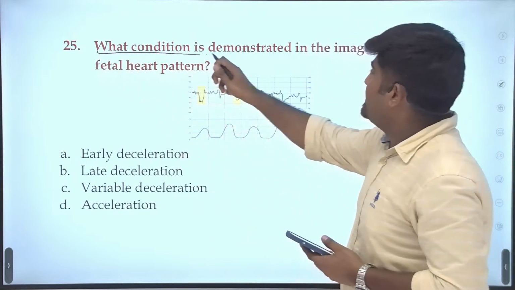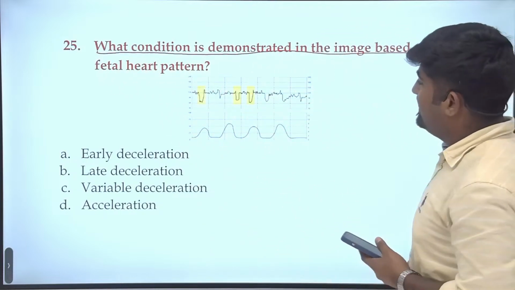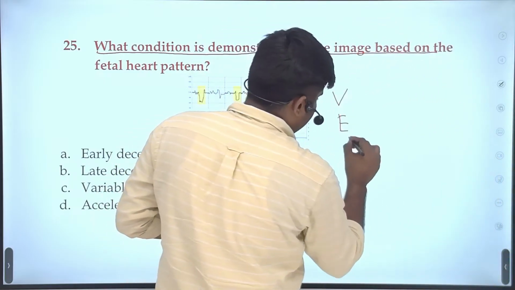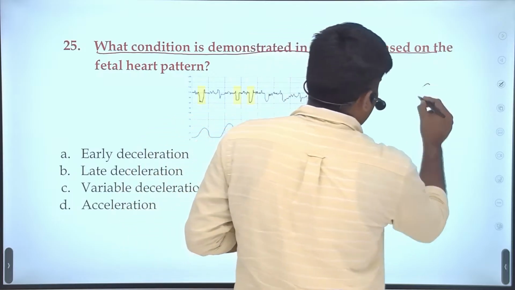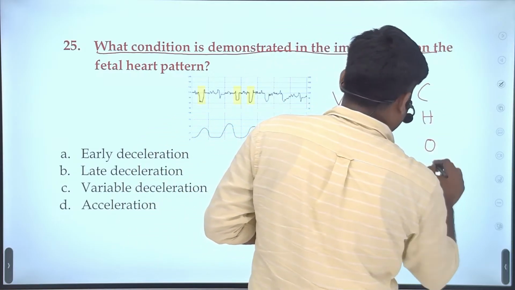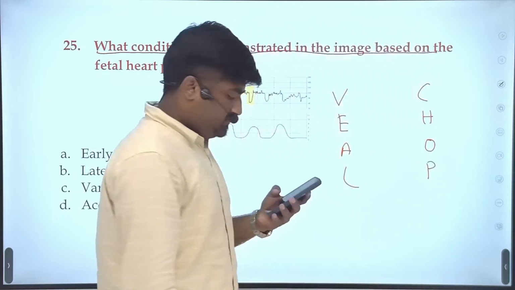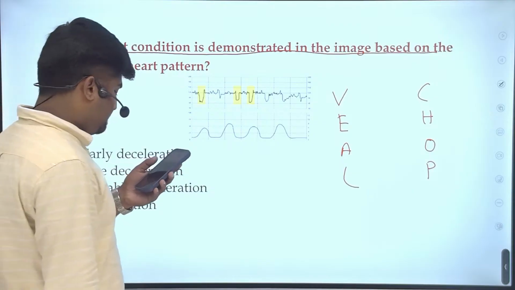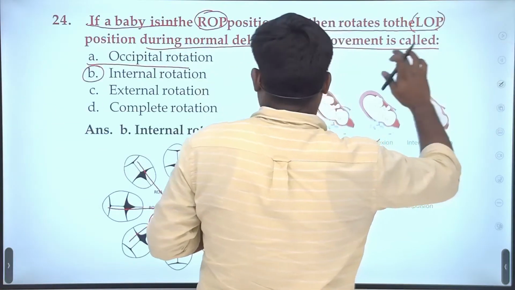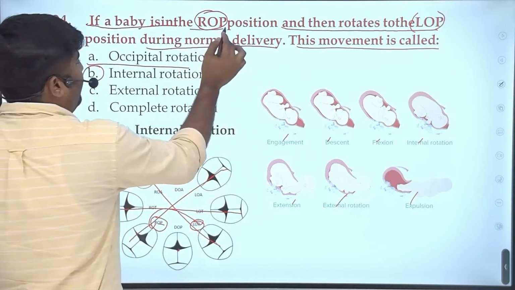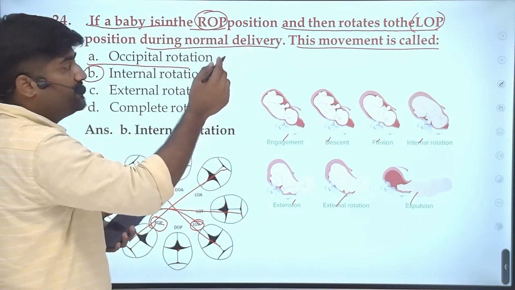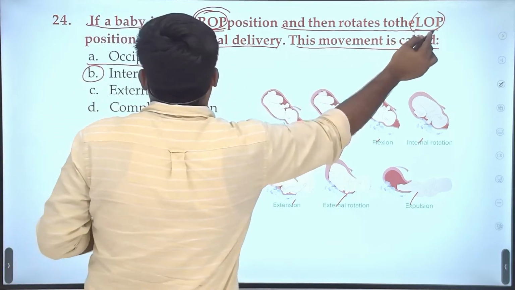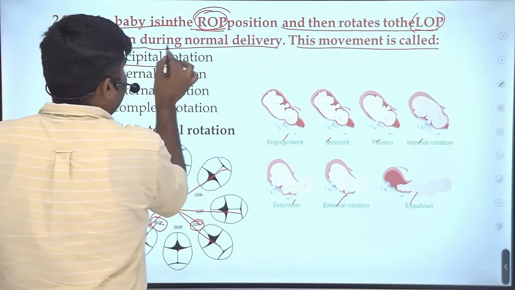What is the condition demonstrated in this image below the fetal heart rate? Before that, I want to explain the concept. Sir, please explain this. What to explain? They have asked the rotation from the right occipito-posterior to the left occipito-posterior during normal delivery.